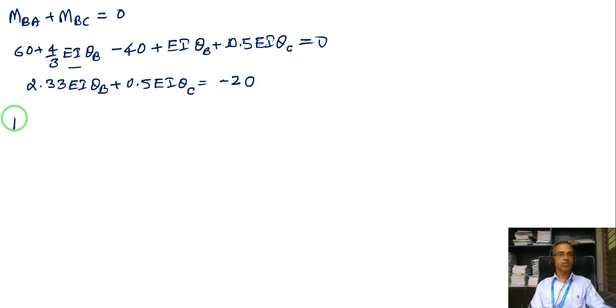Now the summation of moment at C, which is MCB plus MCD, is equal to 0.